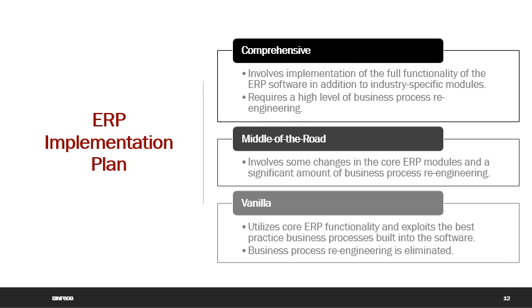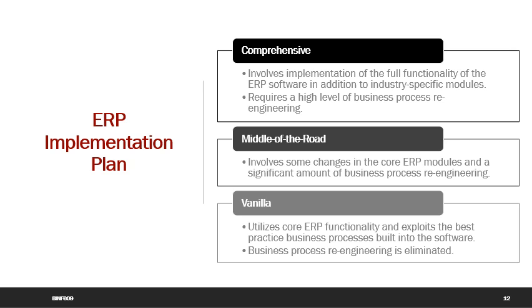An ERP implementation plan is used to create a roadmap or blueprint to meet cost, scope, and time constraints of an implementation. There are many different ERP implementation methods provided by different vendors and consultants, such as the comprehensive plan, where the ERP integration plan is the most expensive, lengthy, and costly approach.